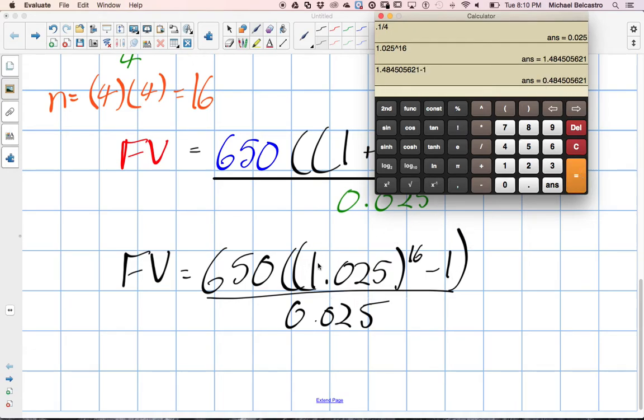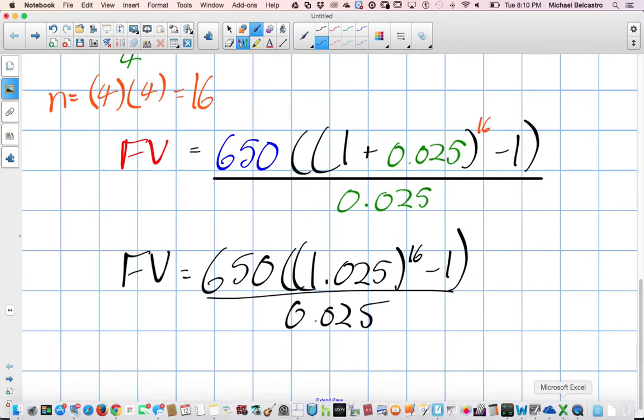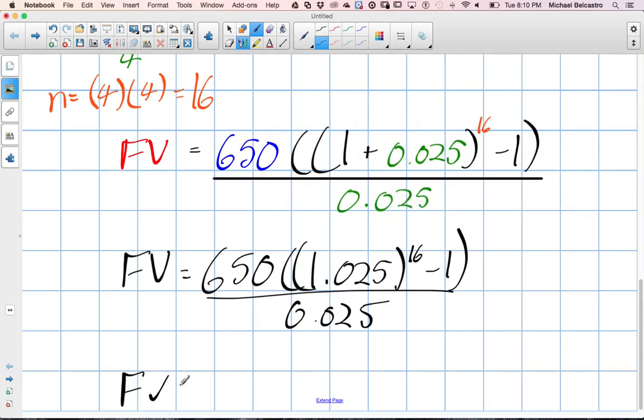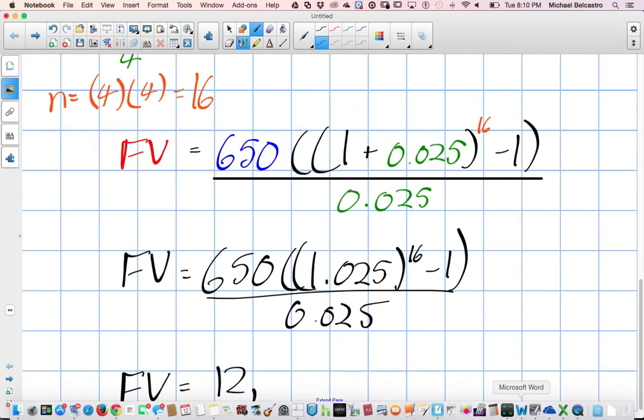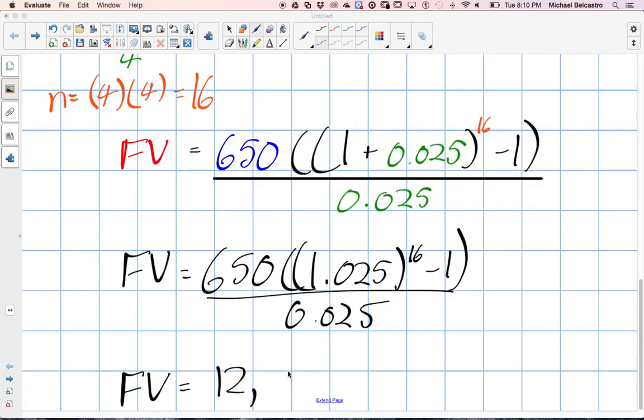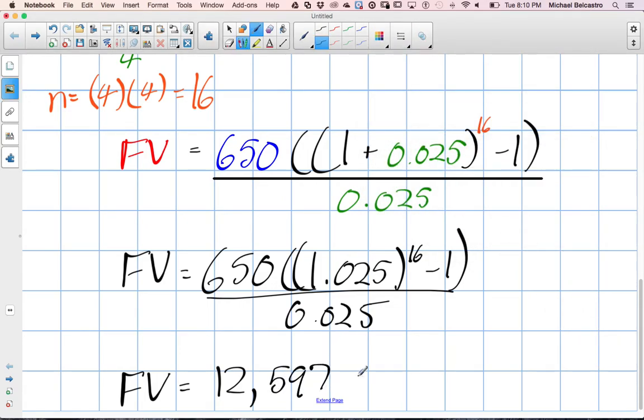Now that I've done everything in the bracket, I'm going to multiply by 650. Then we divide by 0.025, and our future value should be $12,597.14. Great. So we've figured out how much you have in the future.